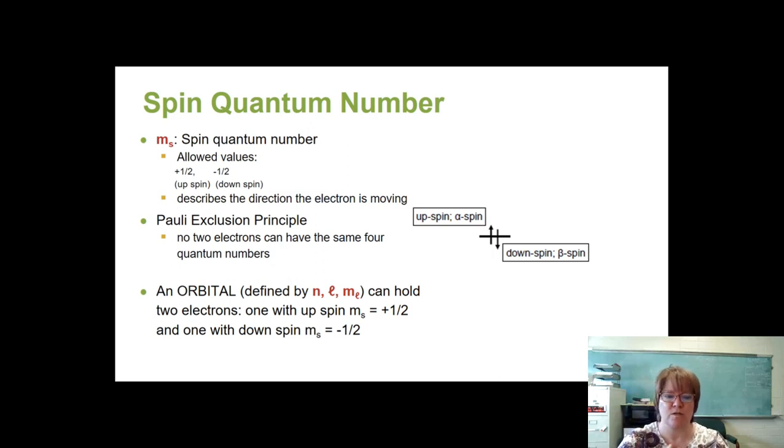That's what we'll use. And the allowed values are +1/2 for the up value and -1/2. So I have a number associated with it, but that number is not dependent on N or on L or on ML. So every orbital can have 2 electrons in it based off the 2 different spin quantum numbers, a -1/2 or a +1/2.